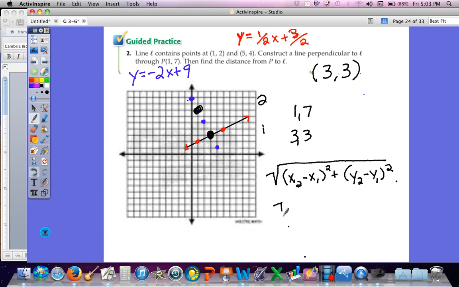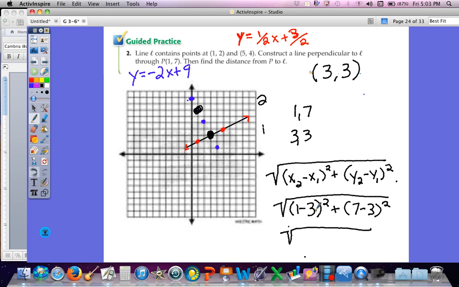So 1 minus 3 squared plus 7 minus 3 squared. It doesn't matter which one you use first or second.